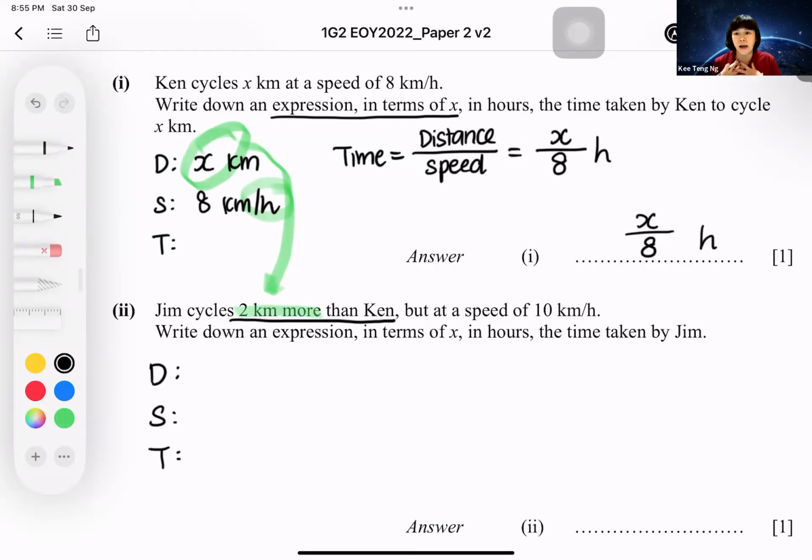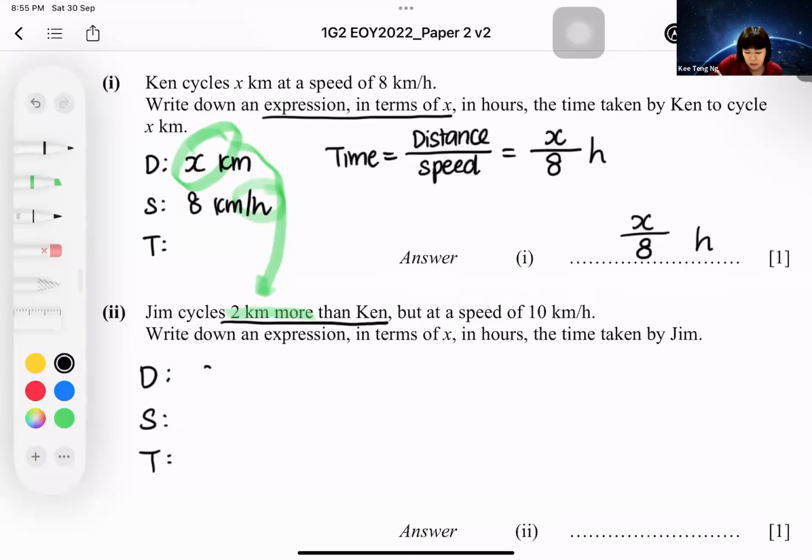If originally I cycle 10, and you cycle 2 more kilometers than me, how much distance will you have cycled? 10 plus 2. Yes, correct. So in this case, 10 is X, then Jim will be plus 2. So the distance will now be X plus 2 kilometers.